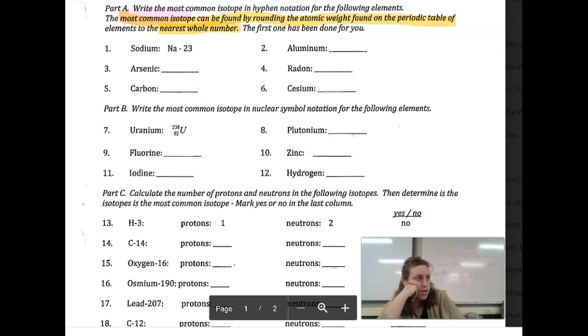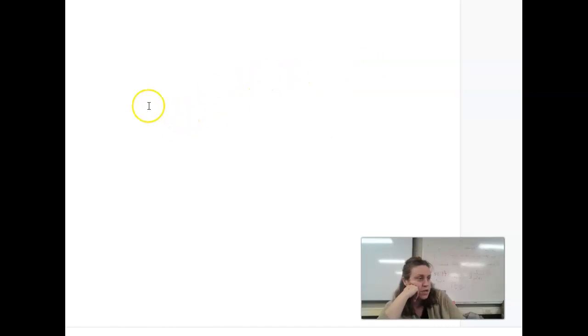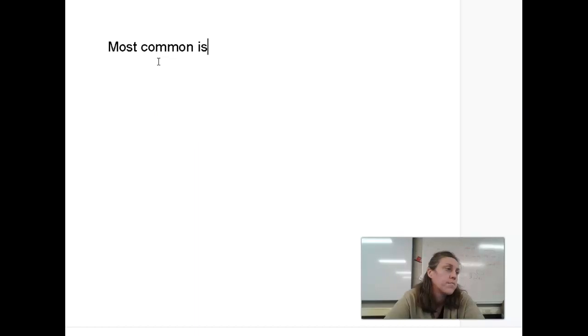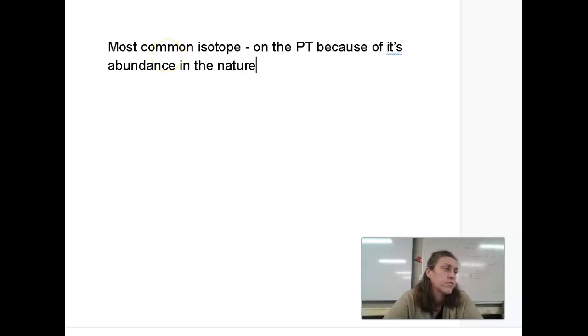The most common isotope is basically on the PT, the periodic table, because of its abundance in the natural world.